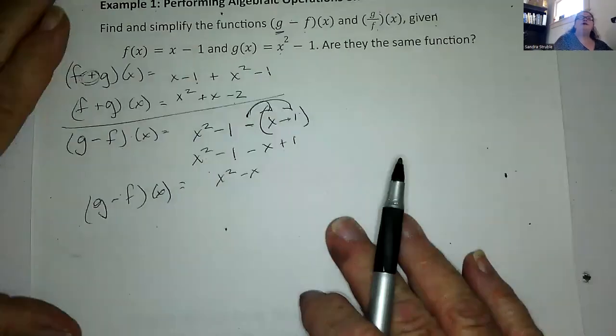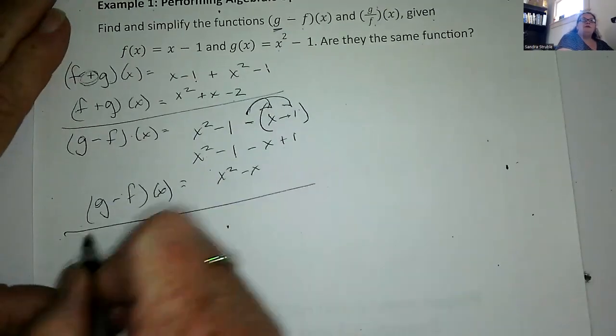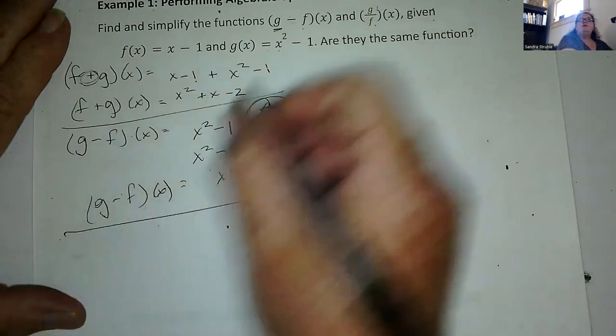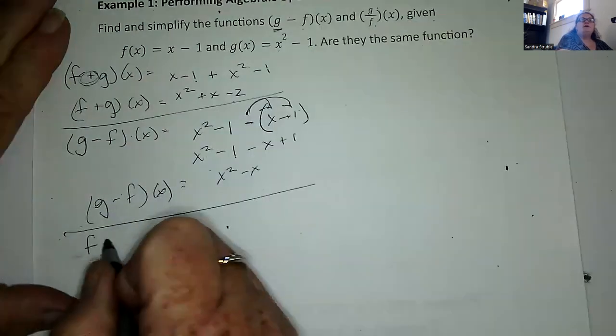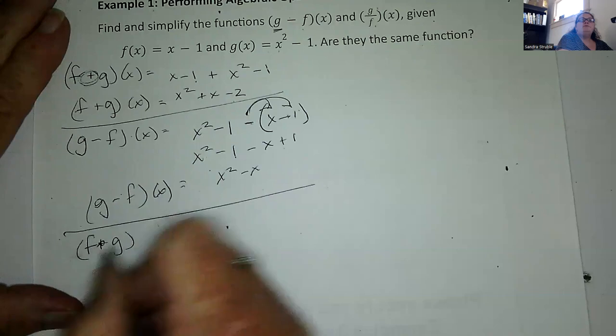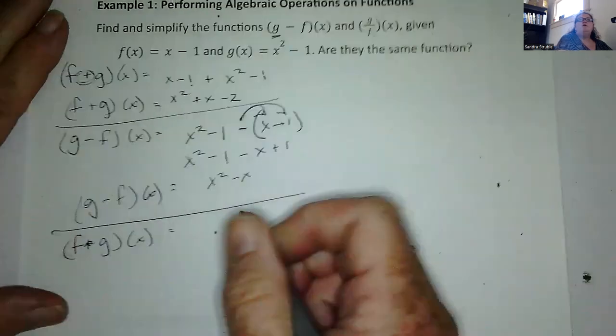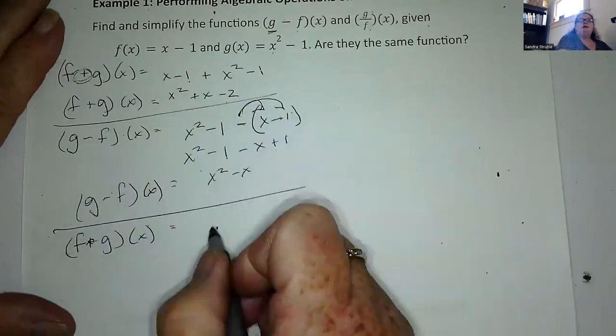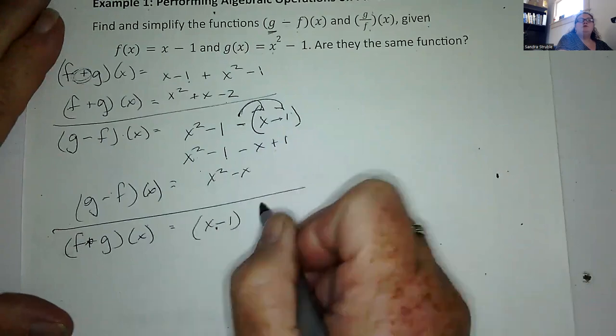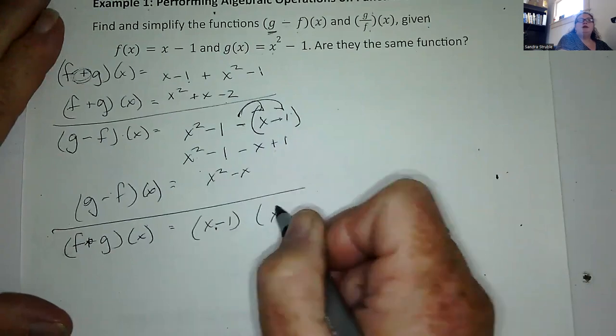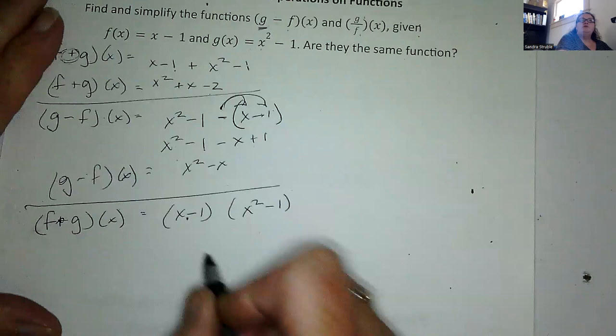I'm going to go to the multiplication of them next. So let's go with f times g of x. You take the function f, which is x minus 1, and multiply it by g, which is x squared minus 1. I'm just going to FOIL this.